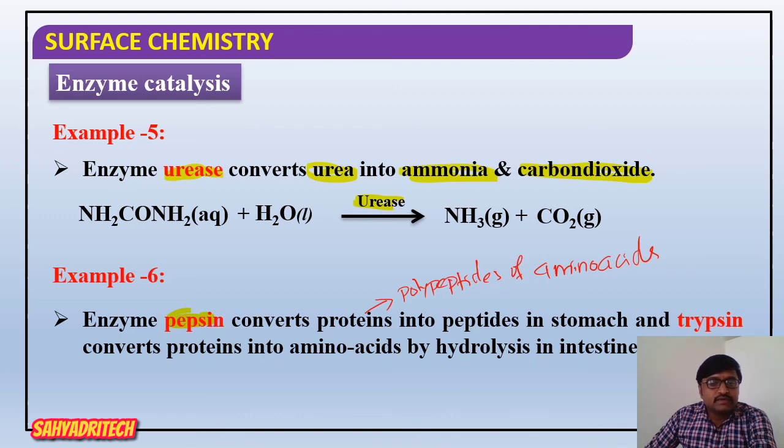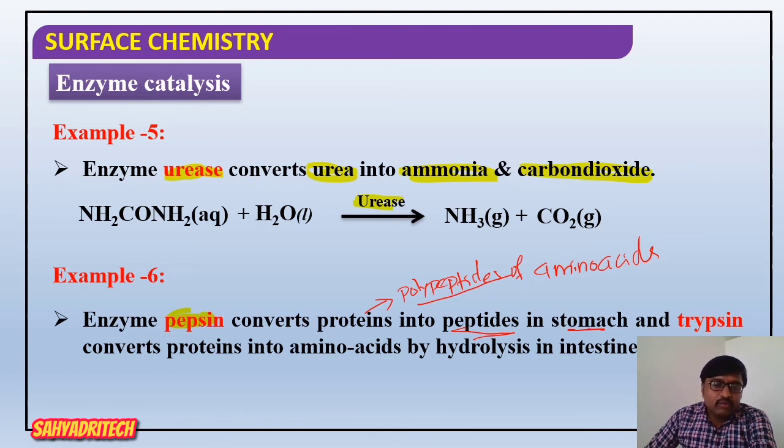Pepsin converts polypeptides, that is proteins, into peptides. Peptides means lower molecules, so higher polypeptides are converted into lower polypeptides. In the stomach, pepsin converts proteins into simple peptides.